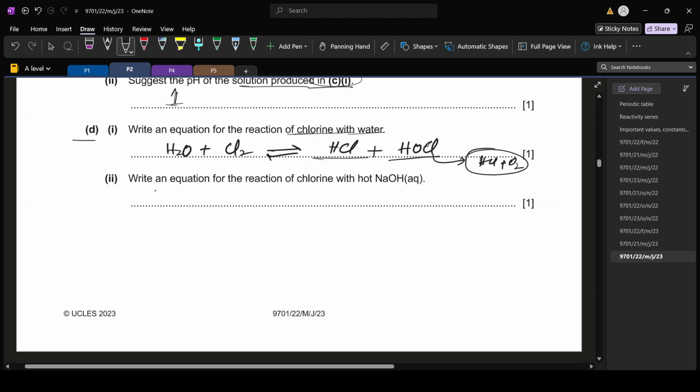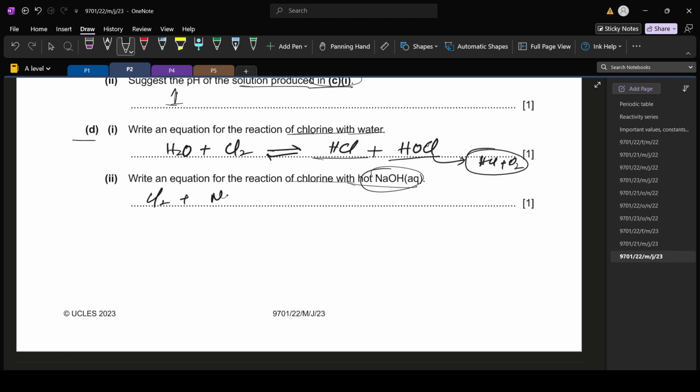Now write an equation for the reaction of chlorine with hot sodium hydroxide. So now the chlorine reacts with sodium hydroxide in two different ways because the conditions for those two ways are different. Here it says this is hot sodium hydroxide.